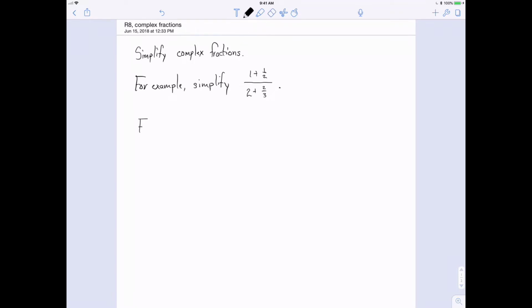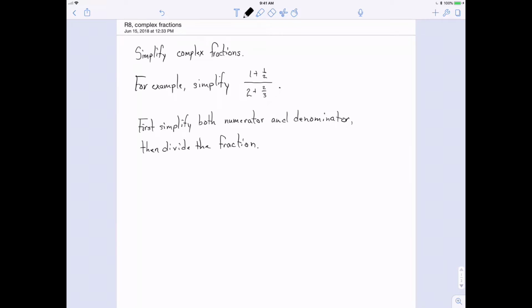The plan is first to simplify both numerator and denominator. Then divide the fractions.